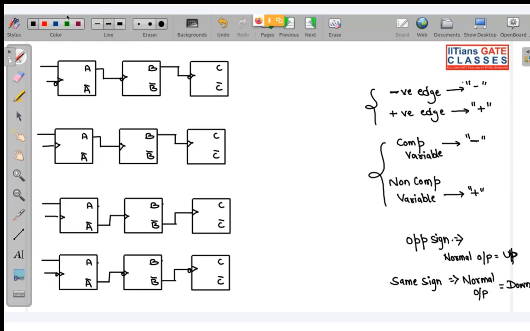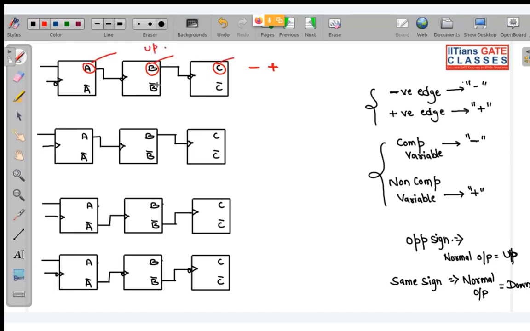Now with this concept, you can check over here that we are basically taking negative edge. So negative edge corresponds to, you can see over here, minus, and we are taking output from non-complemented output, so that corresponds to plus. So different sign means, if you take output from here, then it will be up counter.